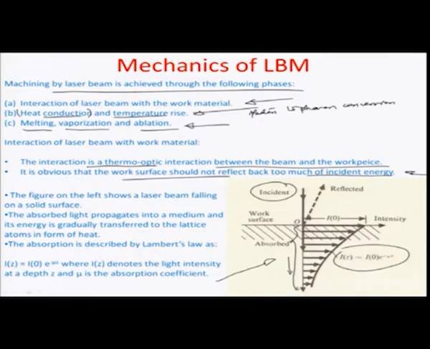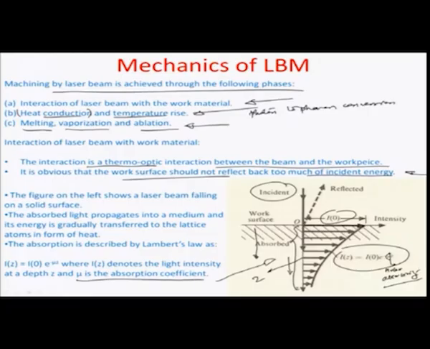Iz is the intensity at a certain distance z from the surface, at the depth of z from the surface. I0 is the intensity towards the surface, that is the intensity of the incident beam, and so Iz can be determined by looking at I0 e to the power of minus mu z, where this mu is actually the molar absorptivity of the material, also known as the absorption coefficient.